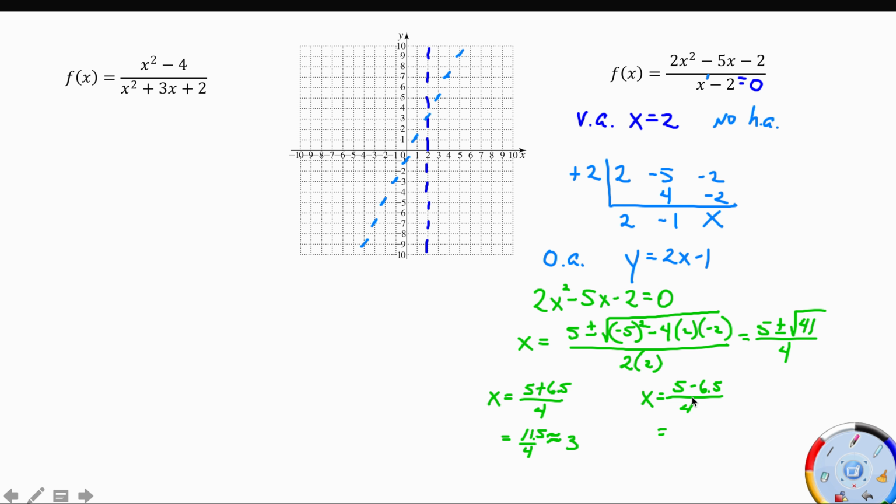Over here we have negative 1.5 over 4, so a little bit less than, if that were a 2, negative 1/2. So I've got a little bit less than 3 and a little bit less than negative 1/2. Okay, so basically I know what's happening over here.